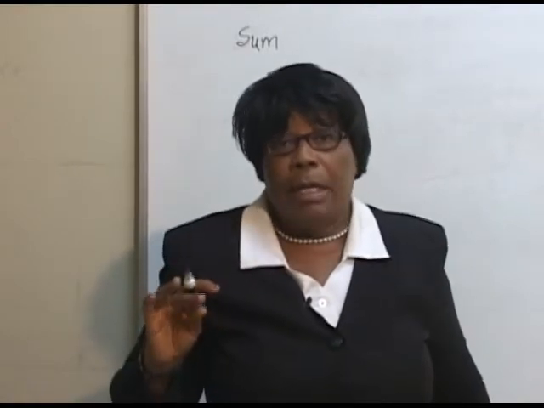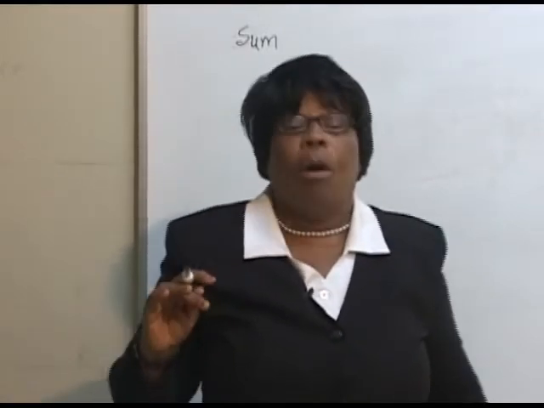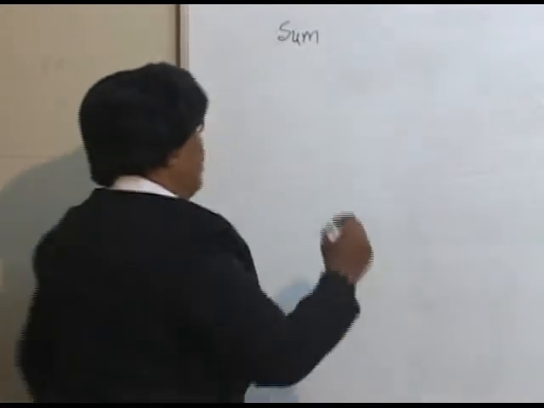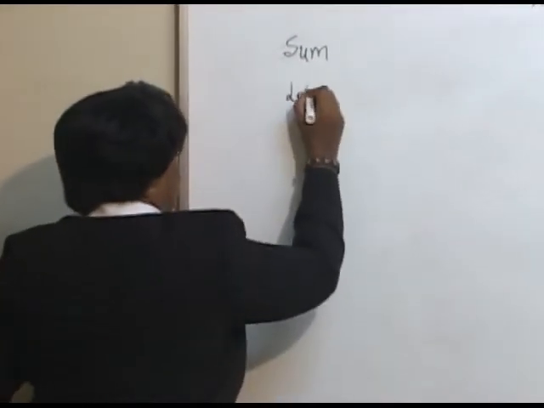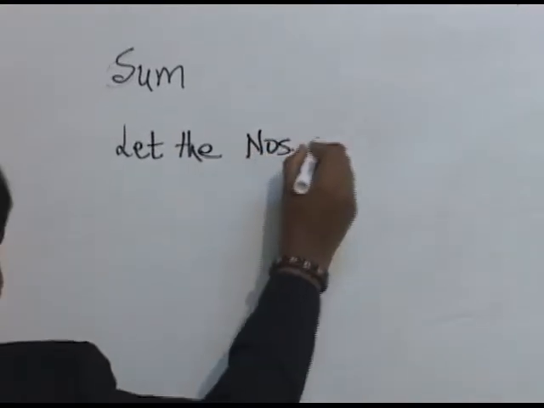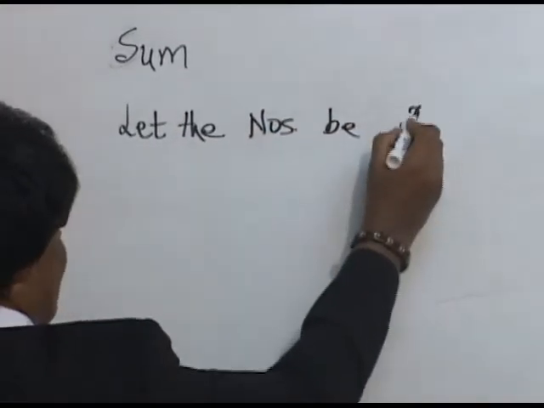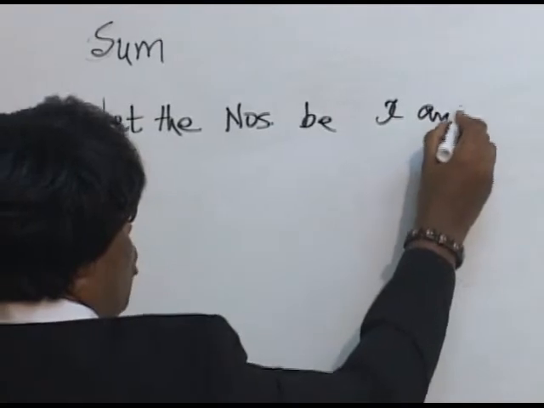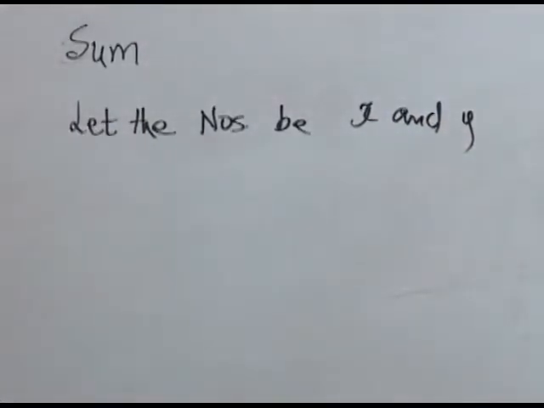And so, in the world of algebra, all we would be saying is, let the numbers be x and y. And we use small case letters, okay? x and y.